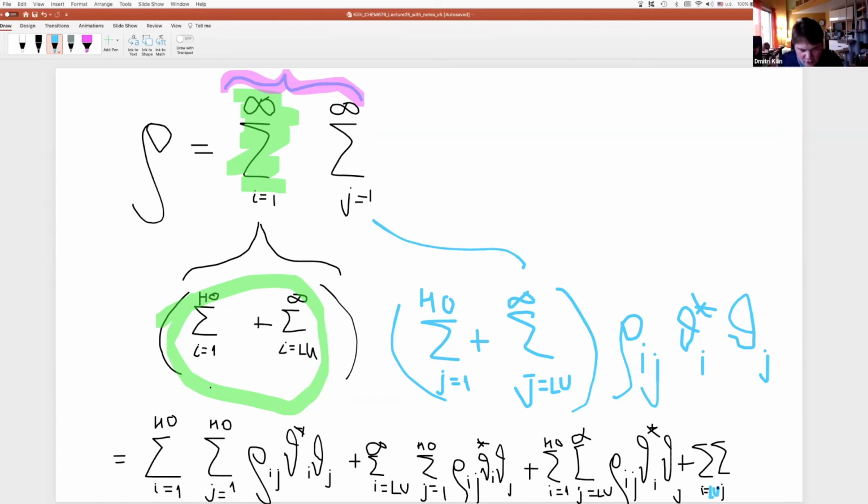So it should go from LUMO to infinity, right? Yes. And J? From LUMO to infinity, yes. Thank you. Rho I, rho J, theta I, theta J. Okay. Thank you, Sarah.